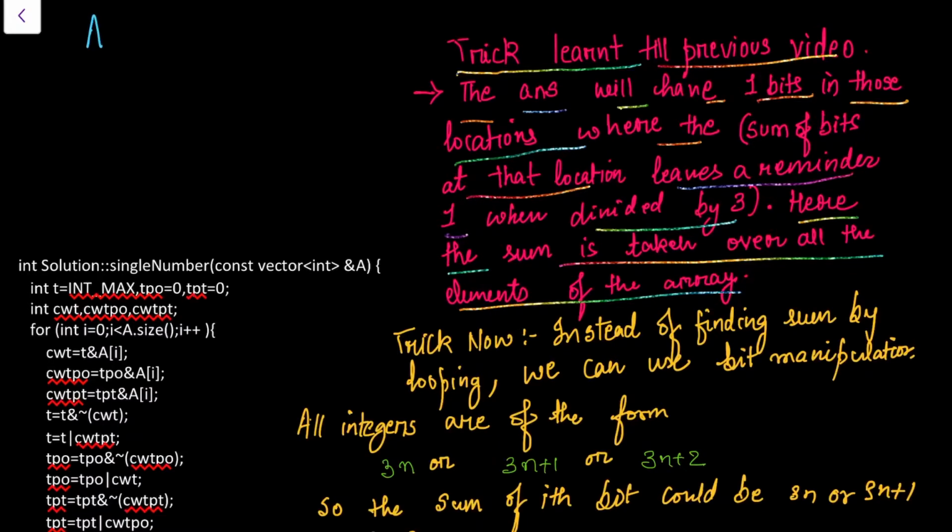Let's say array A has 3, 3, 2, 1, 3, 1, 1. We will get the binary representation of each of the elements and write that down. So 3 is 1, 1 and 2 is 1, 0.